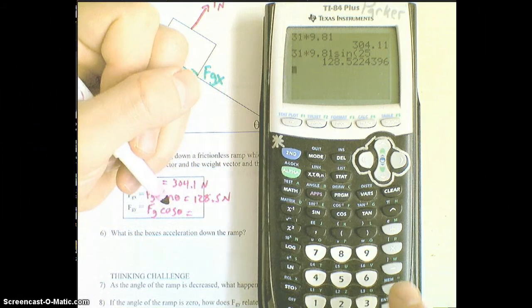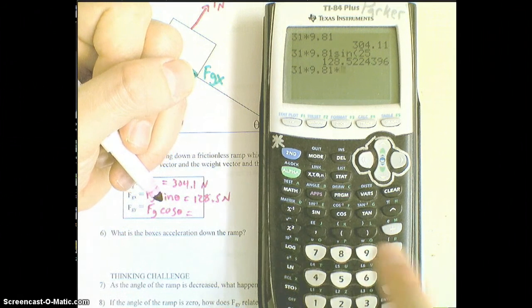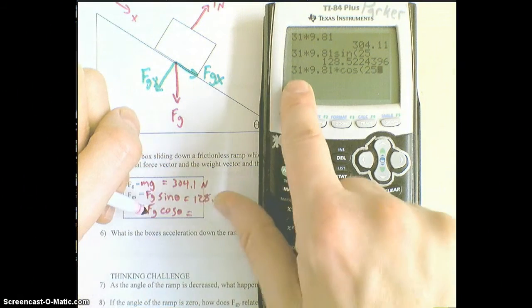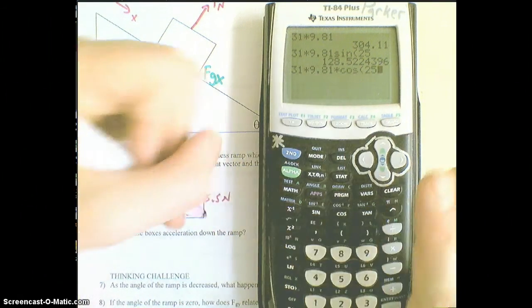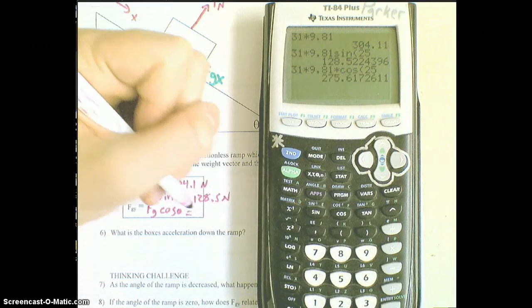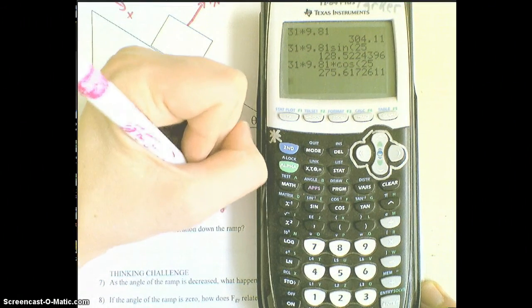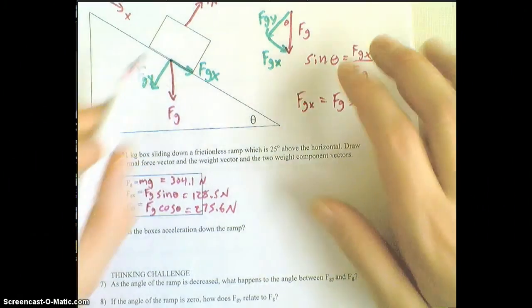And this one is 31 times 9.81 times cosine 25. Remember, Fg is mg, so that's what I'm putting in here. Mass times acceleration of gravity times cosine of 25. That gives us 275.6 newtons. What is the box's acceleration down the ramp?